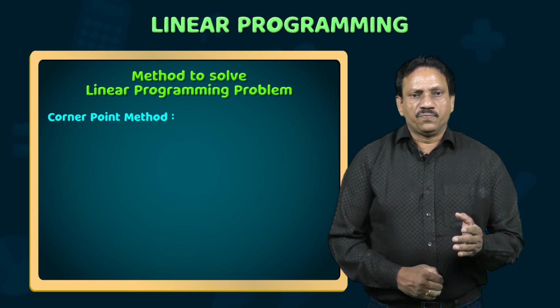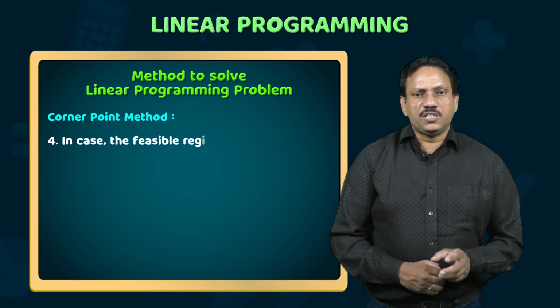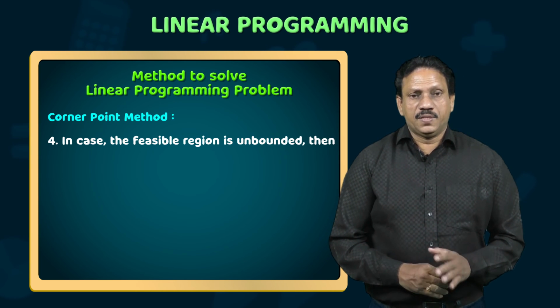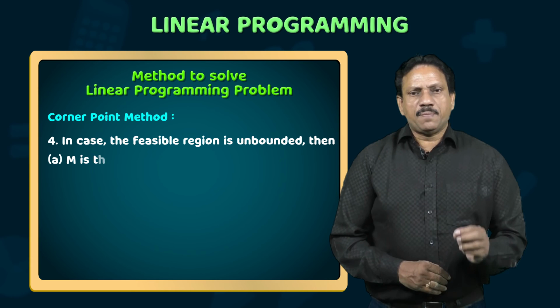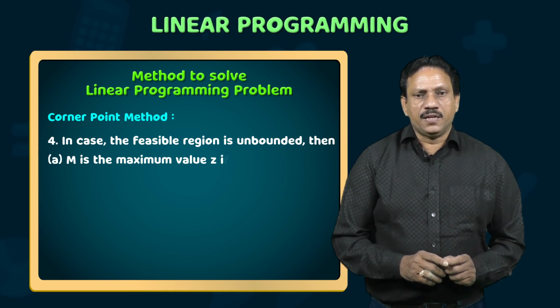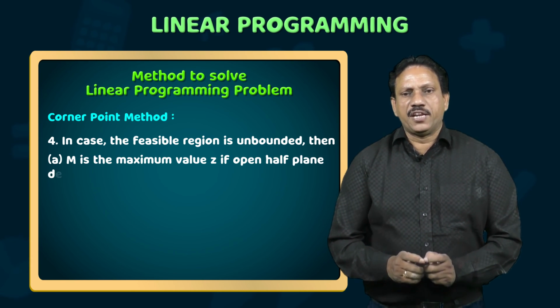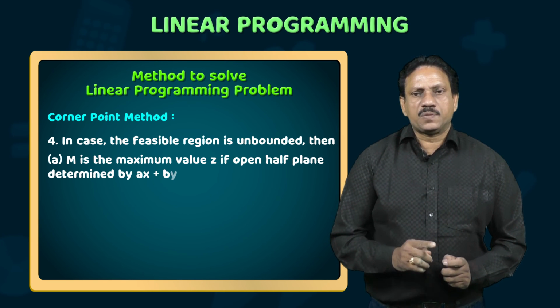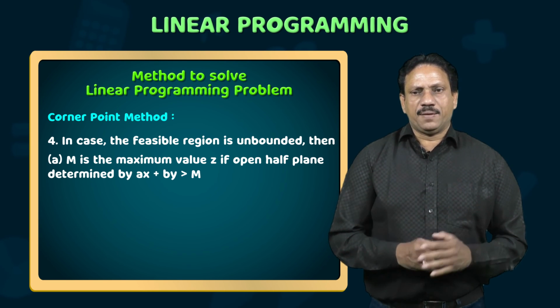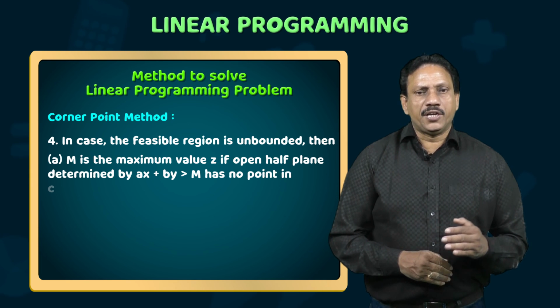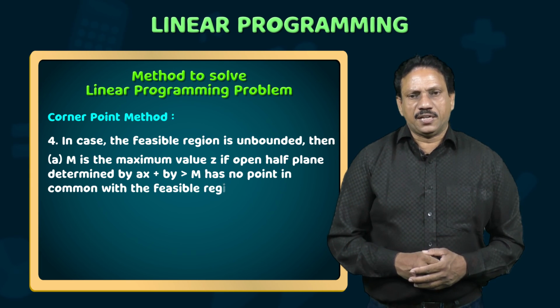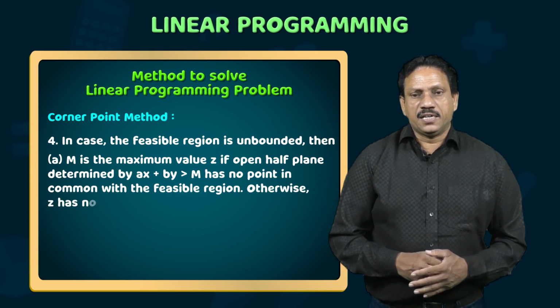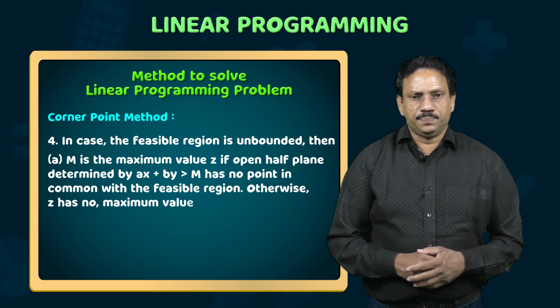Fourth point: in case the feasible region is unbounded, then (a) M is the maximum value of z if the open half plane determined by ax plus by greater than M has no point in common with the feasible region. Otherwise, z has no maximum value.